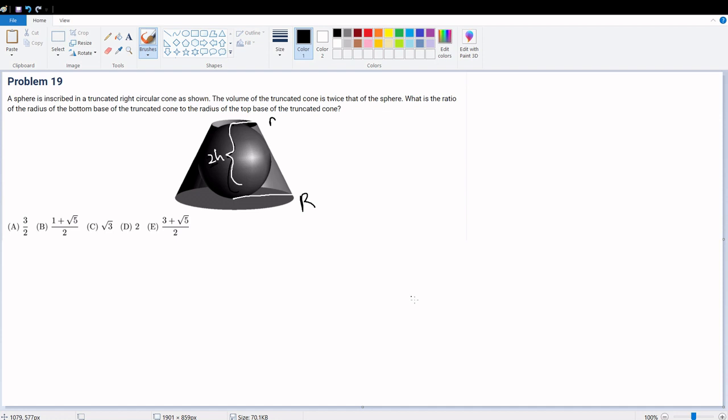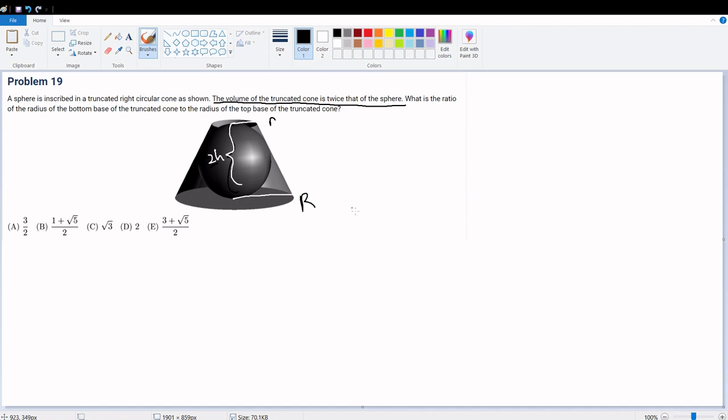Before we worry about this cross-sectional thing that I was going to talk about, perhaps we should first go over this volume condition that they so nicely gave us in the first place. The volume of the truncated cone is twice that of the sphere. I've labeled the height of the truncated cone as 2h, just because I thought it'd be convenient, because then we can express the radius of the sphere as just h.